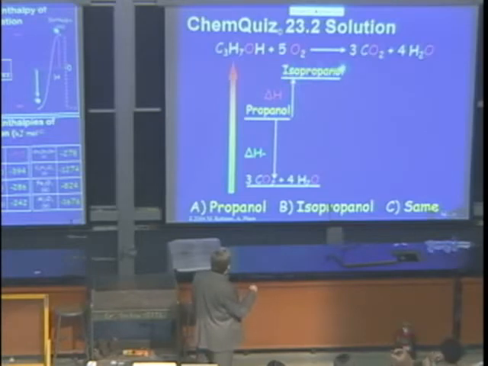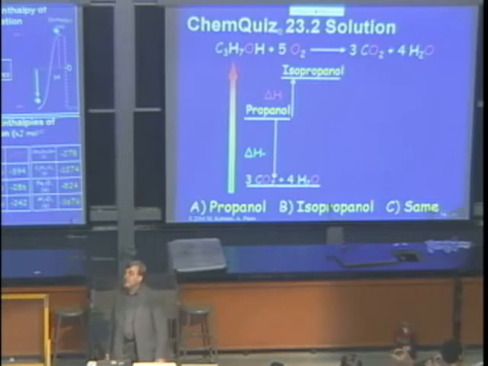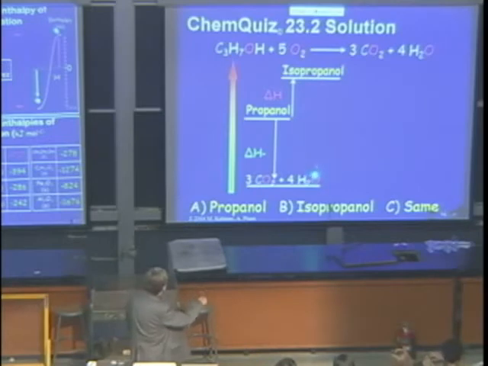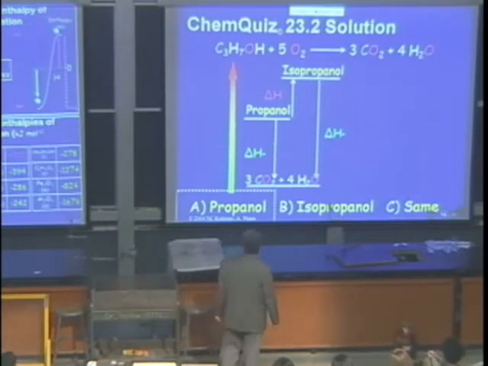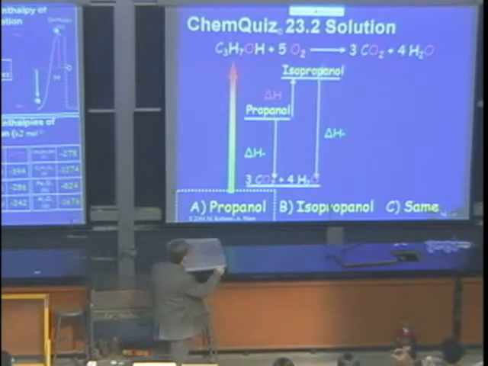But isopropanol also burns to CO2 and water. So it goes down to here. So which one will burn hotter? This one here. The question was, which one burns cooler? This one burns cooler than that one, and this was the right answer.